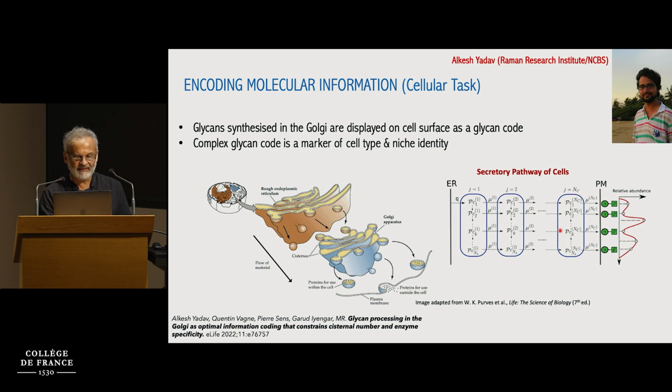So again, it's the same thing. The cisternae that I've shown here are endowed with chemical reaction networks, which have a certain set of parameters, topologies, feedback control, etc. You optimize all this to see how close this synthesized glycan distribution is to the target distribution.